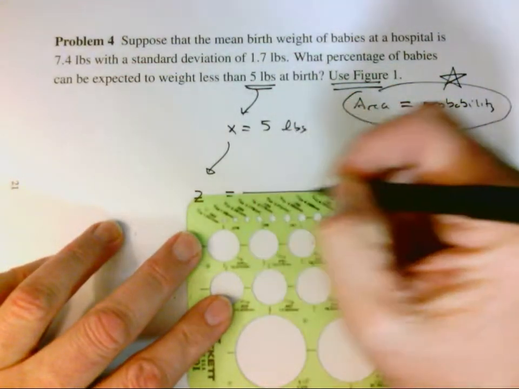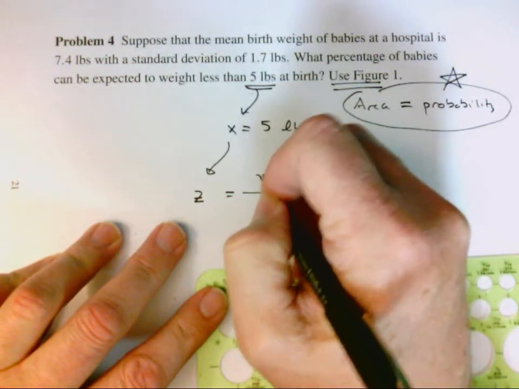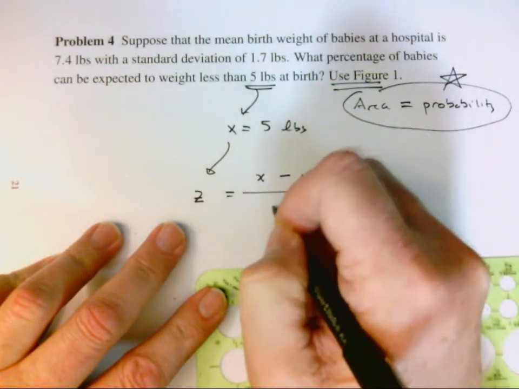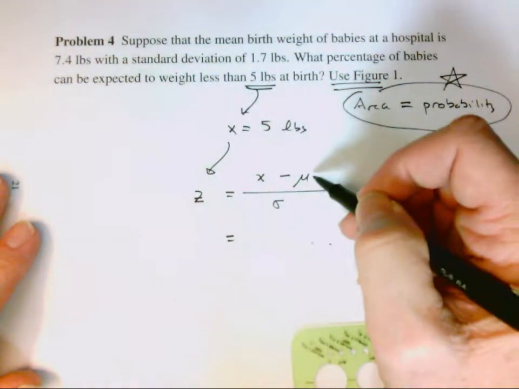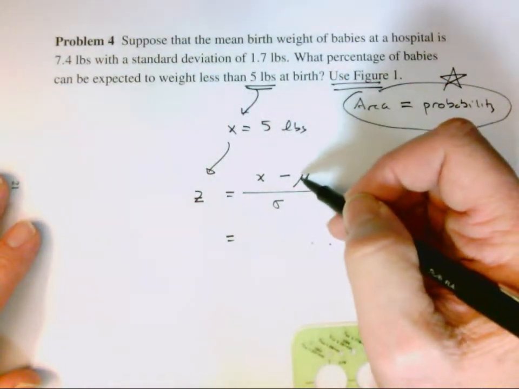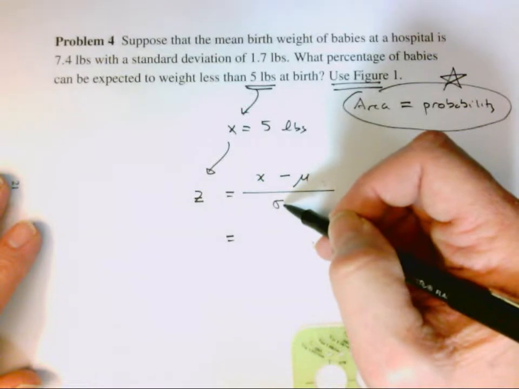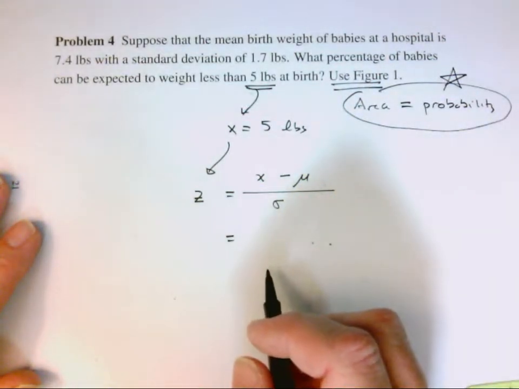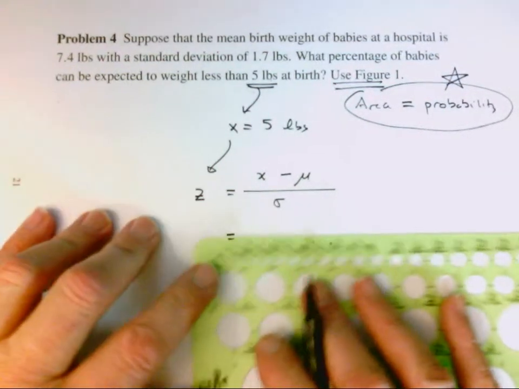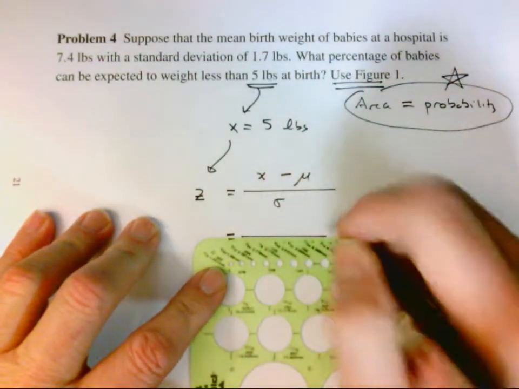So write the formula down. X minus the mean divided by the standard deviation. You don't have to use the fancy Greek letters if you don't want. Just write the word mean, write the word standard deviation. If you notice that I've been abbreviating it as std.dev. So write down your formula, plug in.